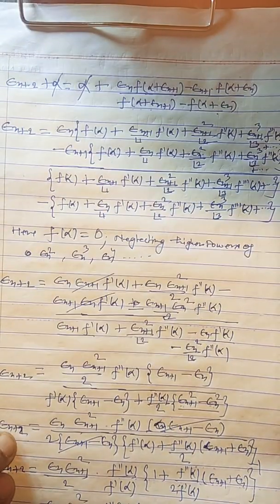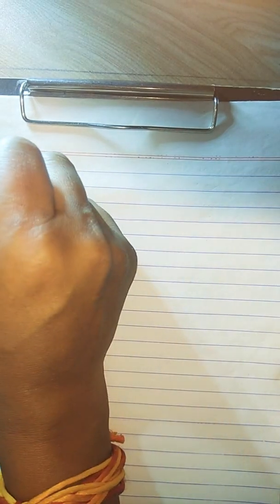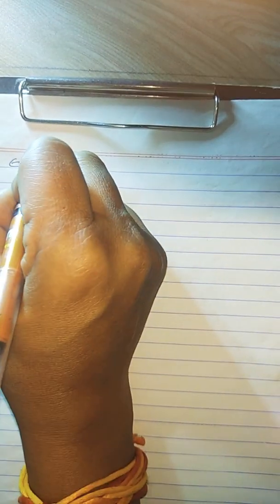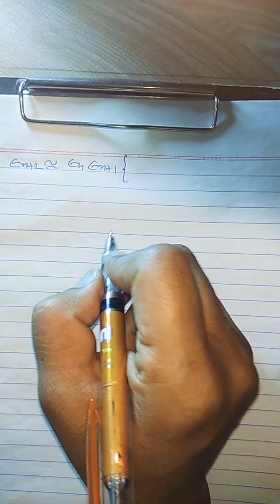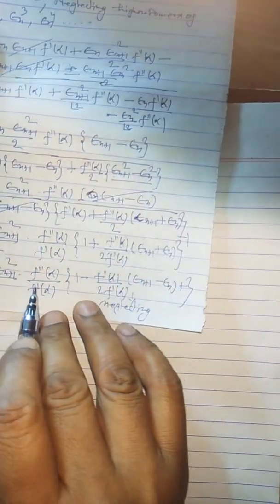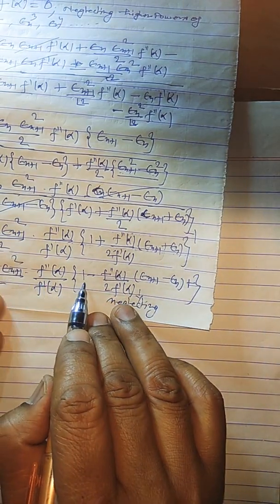What we get here after neglecting this term? Okay, now we get here epsilon n plus 2, which is approximately equal to epsilon n plus 1, and here when we multiply this term to the 1, this we are neglecting, and we multiply this here, what we get?